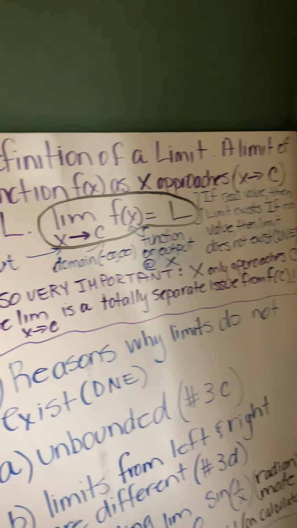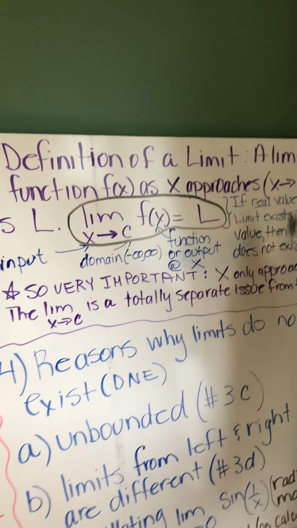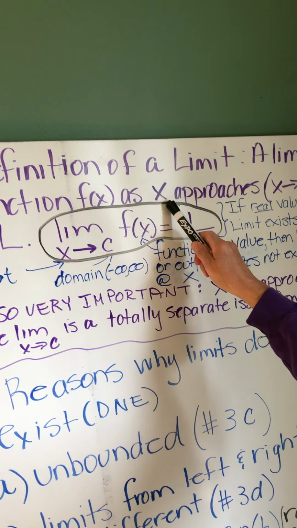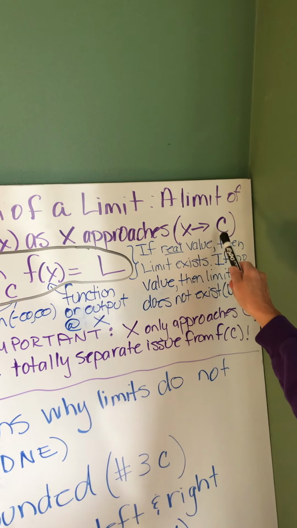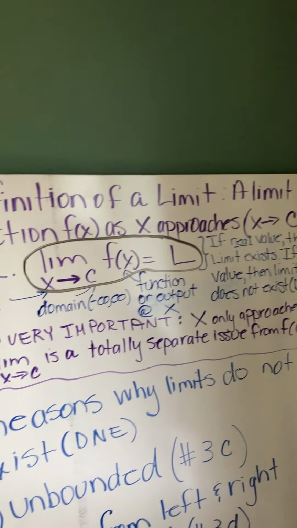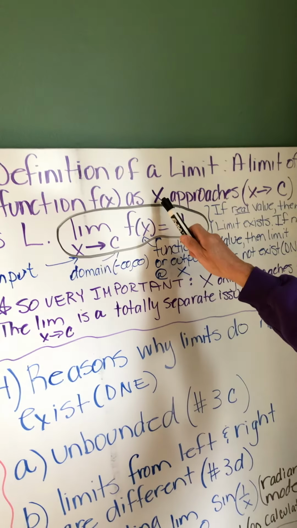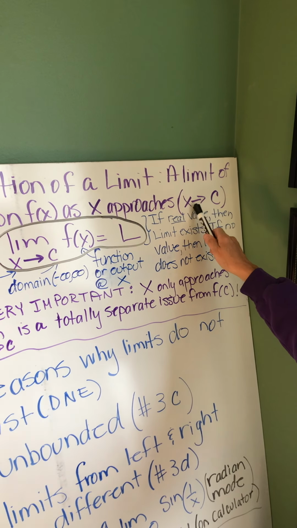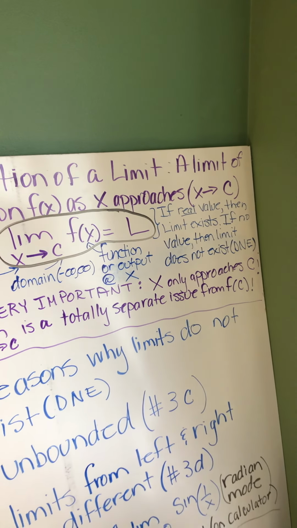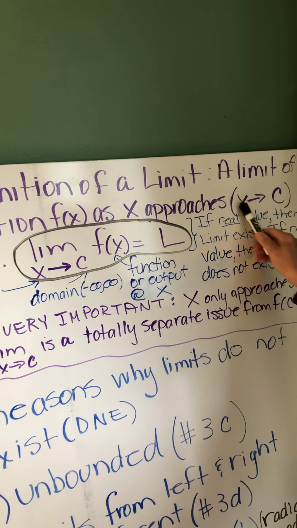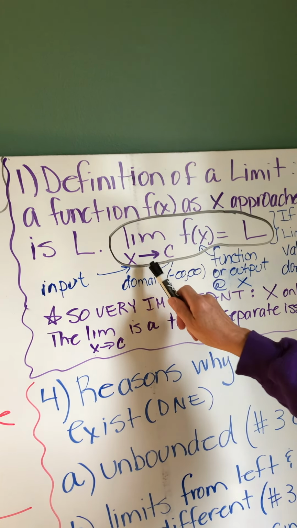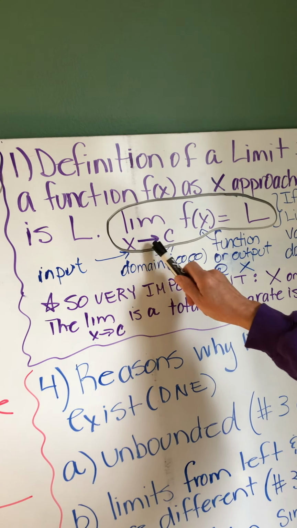So, the definition of a limit of a function f of x as x approaches c. What we use to say as x approaches c is an arrow, right? Like you're approaching something, okay? So when we see this expression underneath LIM for limit, we say as x approaches c.